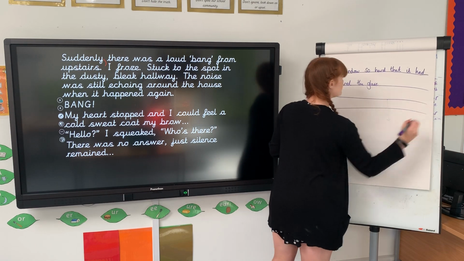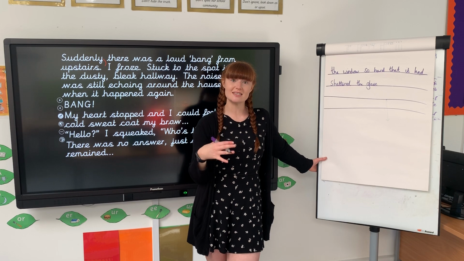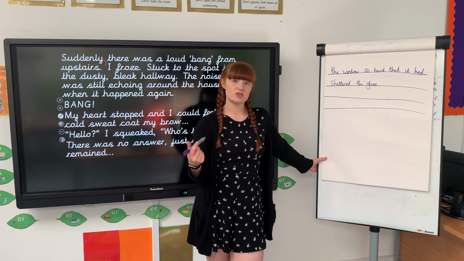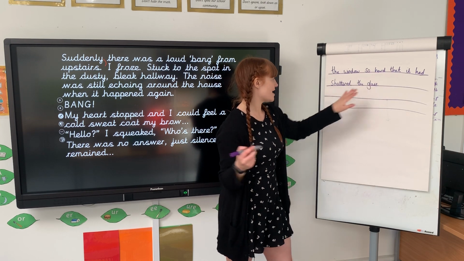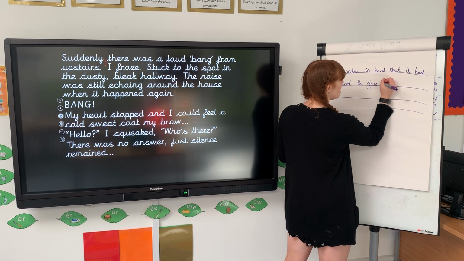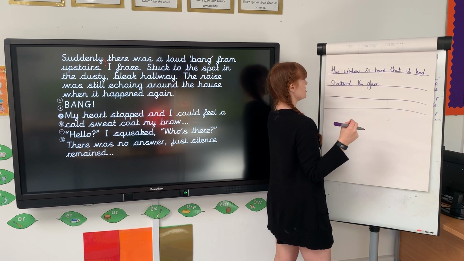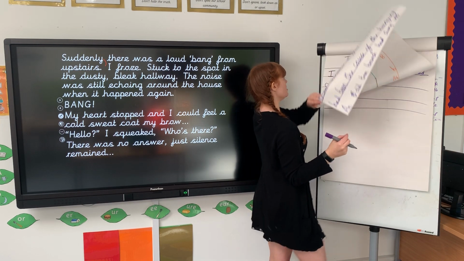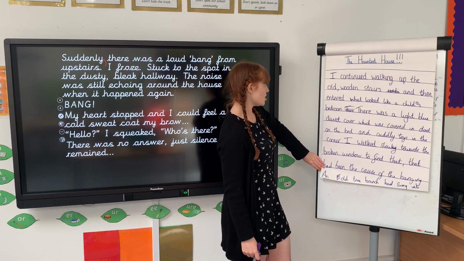So again, all I've done at the minute is described. I haven't even got into the bit that I'm seeing the ghost yet. That's what I'm going to be doing now. So you can see how much description you can actually get out of this. And then I can think about how I'm going to introduce that ghost bit. So, if I have a little look at what I've done so far, I continued walking up the old wooden stairs and then entered what looked like a child's bedroom.